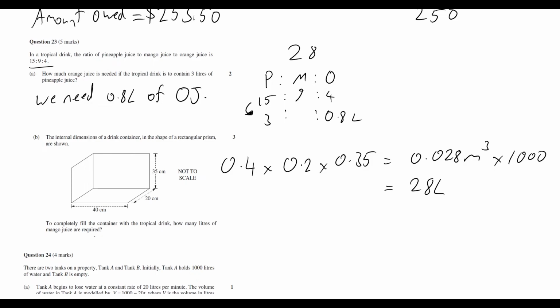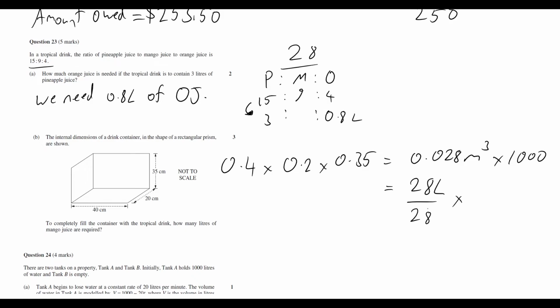Okay, so now it asks us how many liters of the mango juice are required. If we have 28 liters, that will fit in this container. And, oh, hang on, that looks pretty familiar to something that we saw earlier. This is in fact the exact same total amount that we'll be dividing the drink into. So out of this 28 liters of space, we divide by 28 and then times it by the ratio of mango that we have in here.